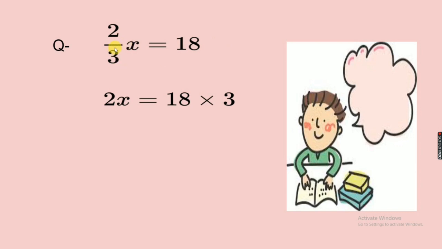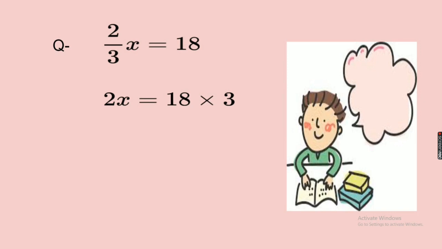As we have discussed earlier in the last sum, any number, if it is divided with the variable and we have to shift it to the other side, it would go in the multiplication. And if a number is multiplied with the variable and we have to shift it to the other side, it would go in the division. Multiply would be changed into the division and division would be changed into the multiplication.